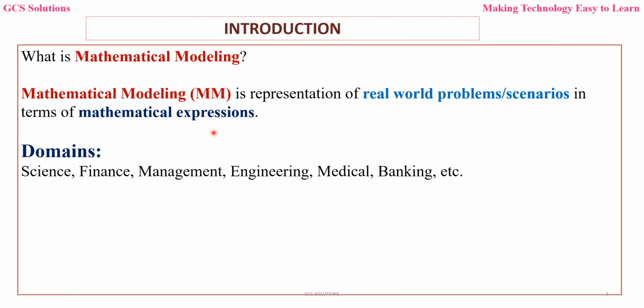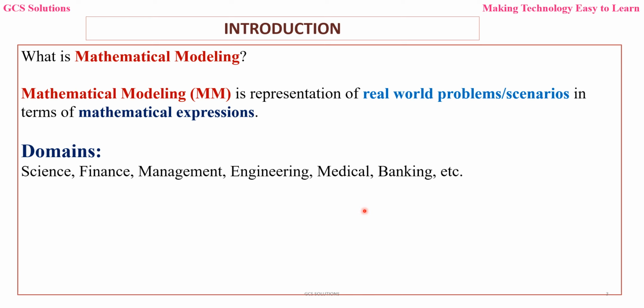Now, the question is what domains are included in the mathematical modeling representation. There are so many domains like science, finance, management, engineering, medical, banking, and so on and so forth. These are not the only domains.